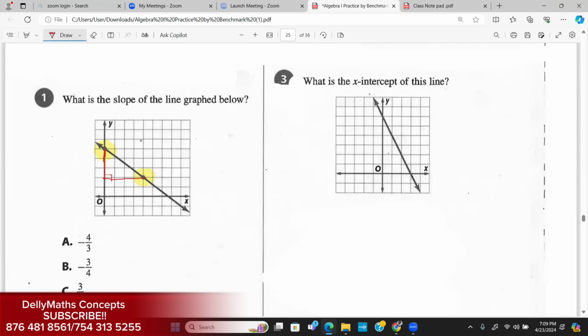So you could see this is 1, 2, 3 units. So we go down 3 and across 1, 2, 3, 4. So down 3 and across 4, that's going to be negative 3/4. So here is the slope for that one.